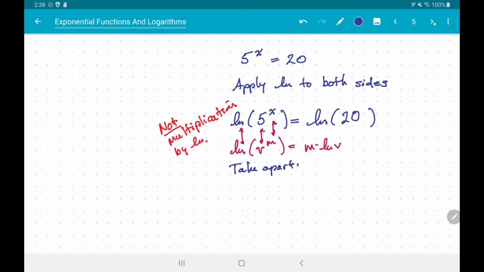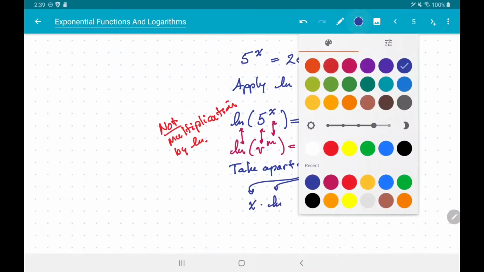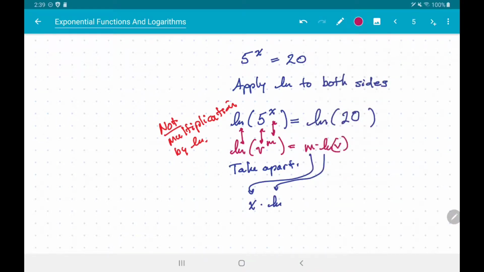So m in this case is x, then times, oops, I apologize, I forgot the parentheses around the ln like that. So then ln, and then v is 5.